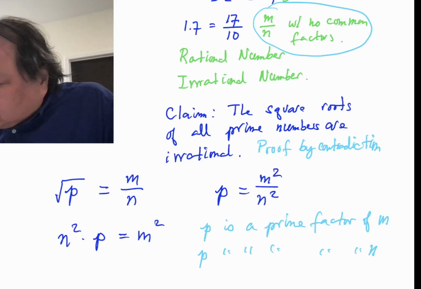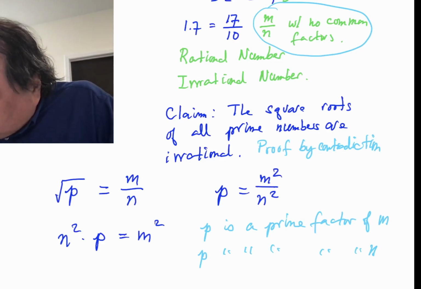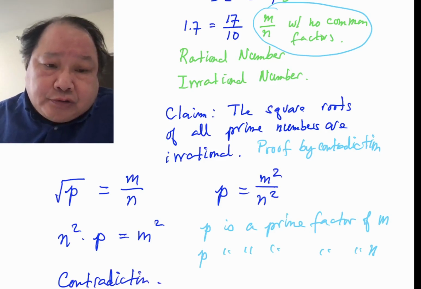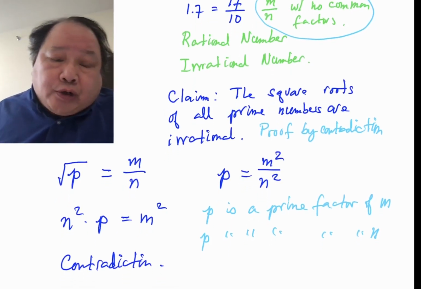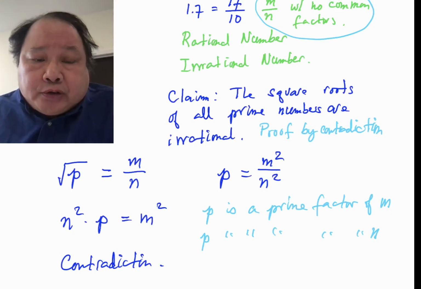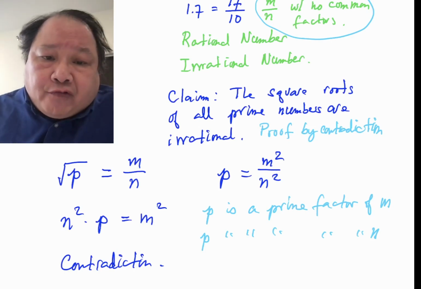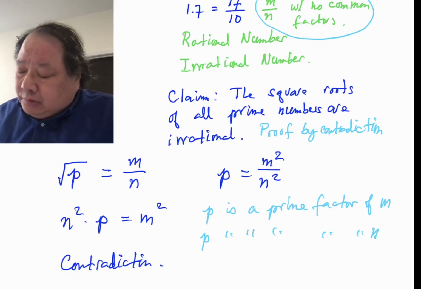That's a contradiction. Our assumption is false. There is no square root of a prime number which is rational. The square roots of all prime numbers are irrational.